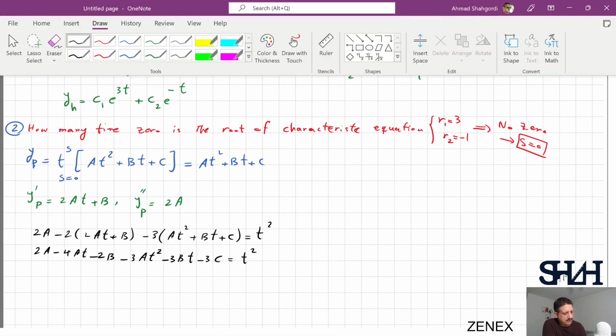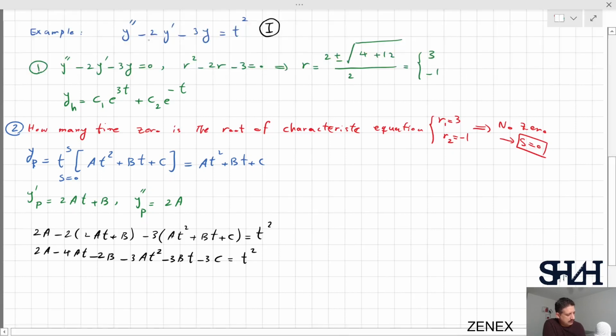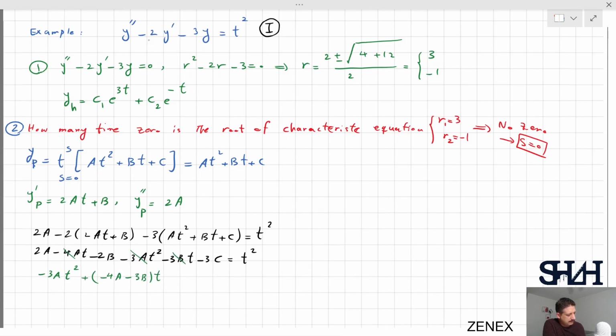Now I can write it in a descending way, so it will be minus 3at^2, then minus 4a minus 3b times t, and then 2a minus 2b minus 3c equals t^2.